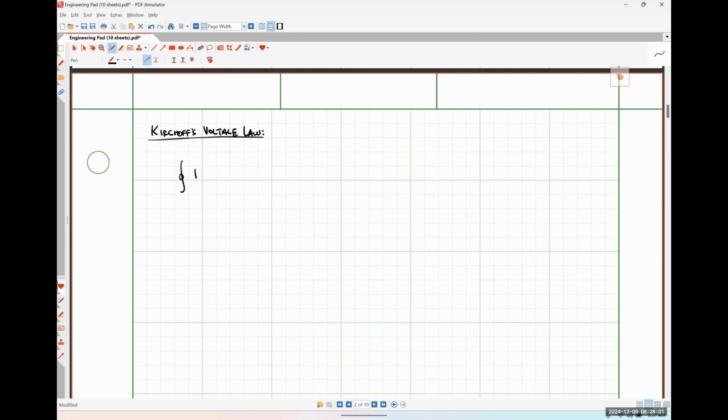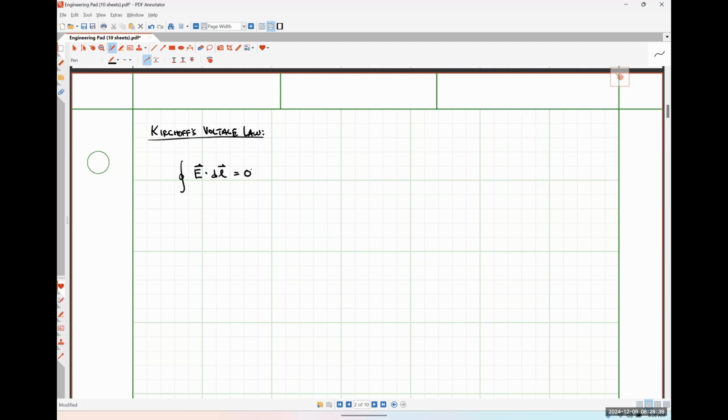Effectively, the closed line integral of the electric field vector dotted into a differential line element vector is equal to 0. So this should look similar to you guys. It looks pretty damn close to our equation for voltage that we talked about at the beginning of our last class meeting, except that we have a closed line integral in this case, instead of a line integral just between two specific points in a circuit, okay?